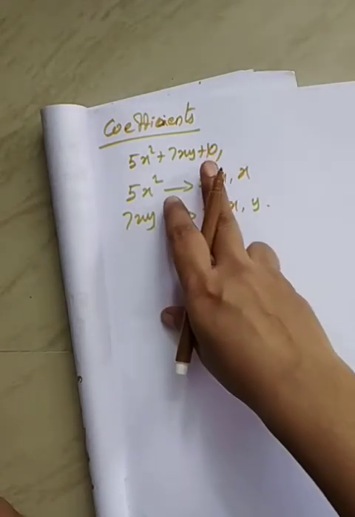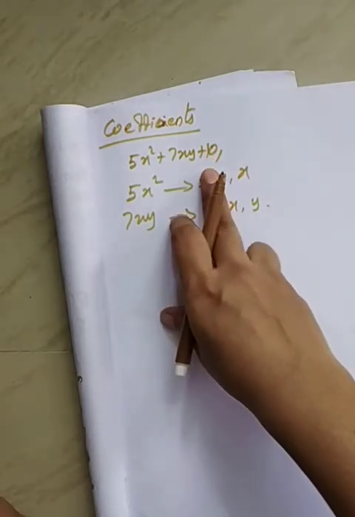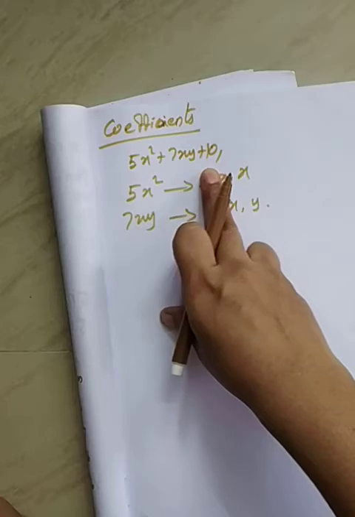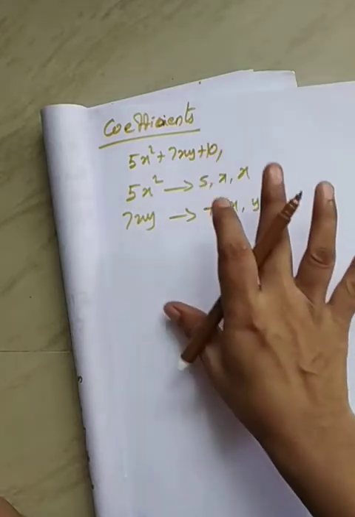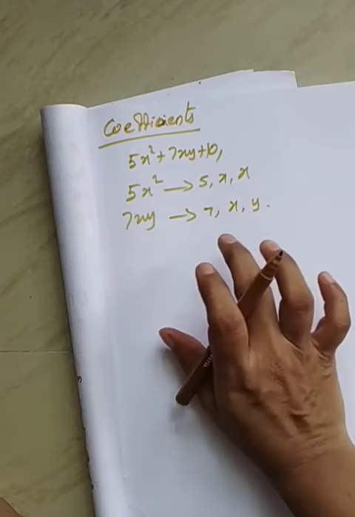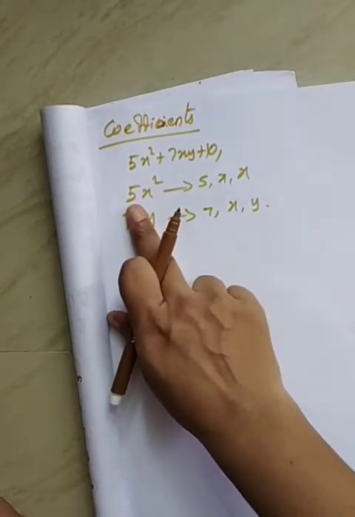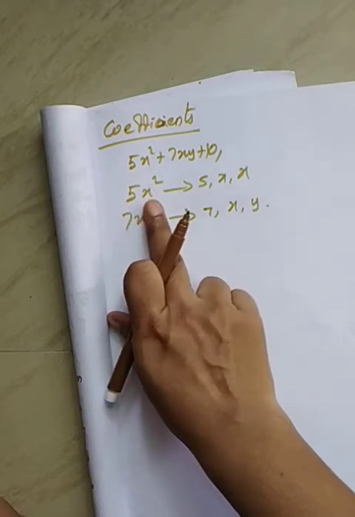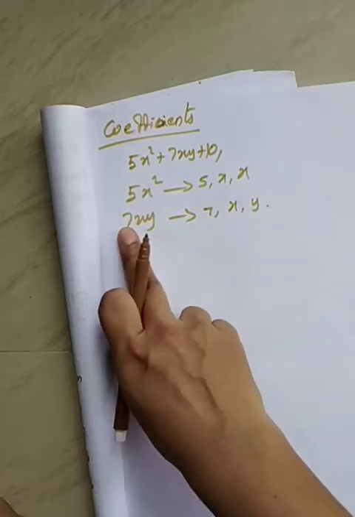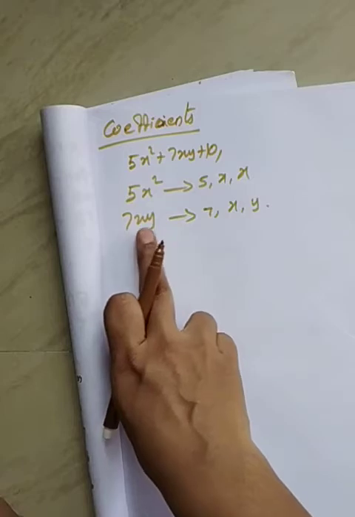The numerical factor of a term is called the numerical coefficient or simply the coefficient of the term. So we can say that 5 is the coefficient of x squared, and 7 is the coefficient of xy.